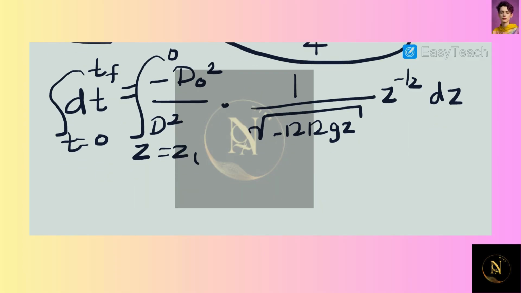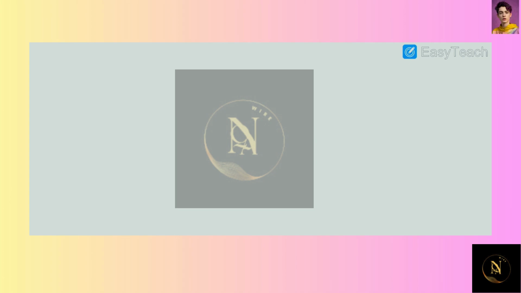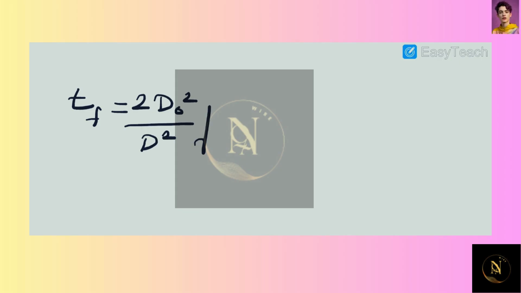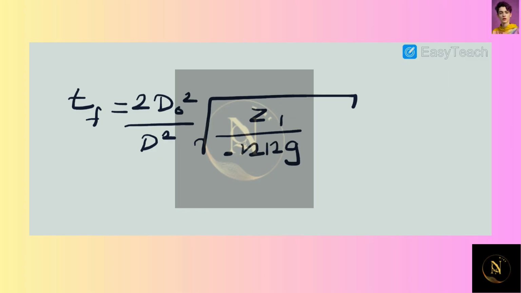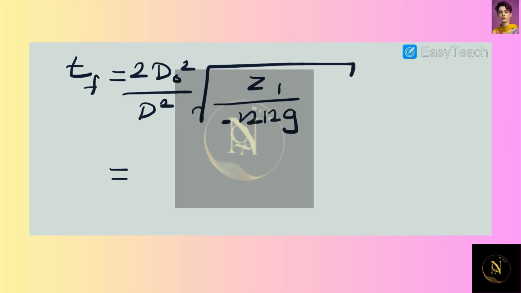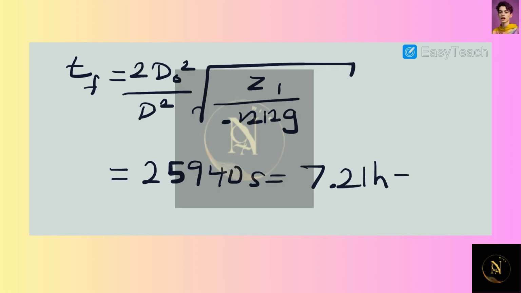This gives us an expression for the final time: tf is equal to 2 times d0 squared over d squared times the square root of z1 over 0.1212 g. Plugging in for all of these quantities, the time it takes to empty the tank is 25,940 seconds, which is equal to 7.21 hours. And that's our final answer.